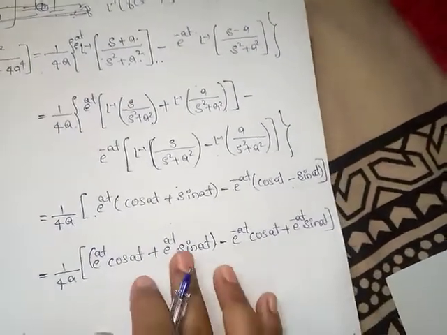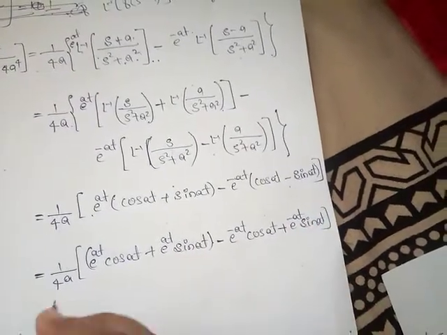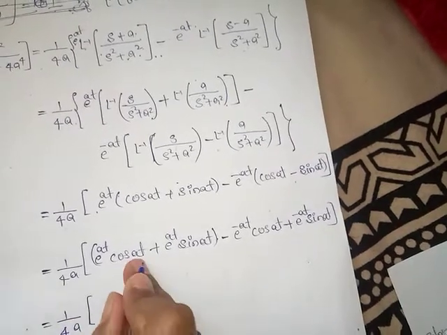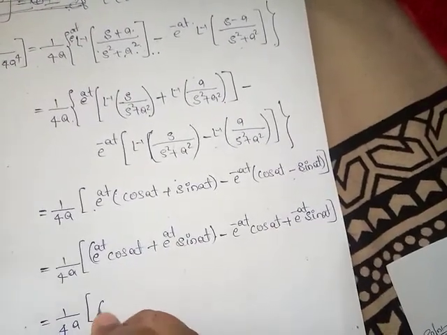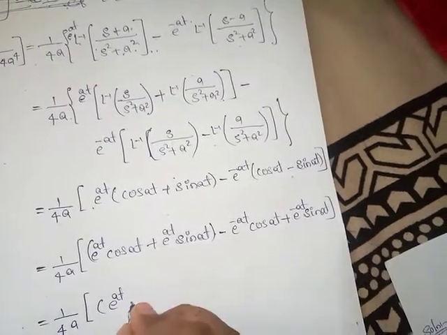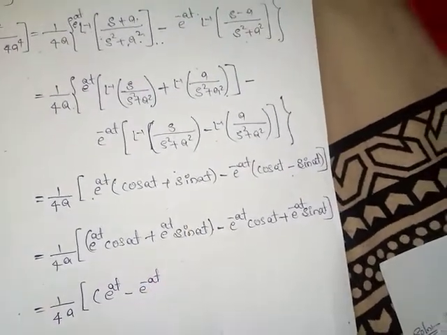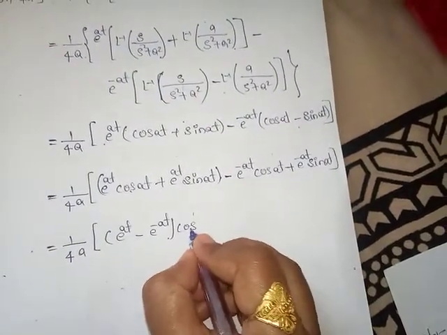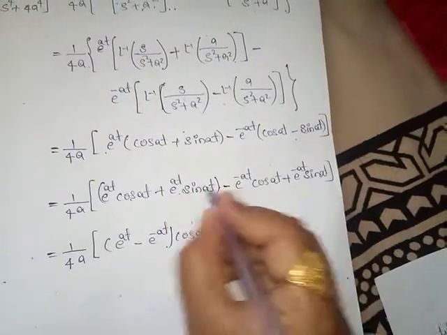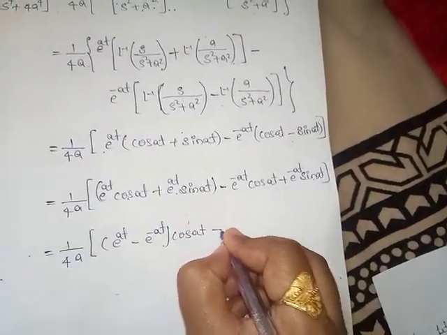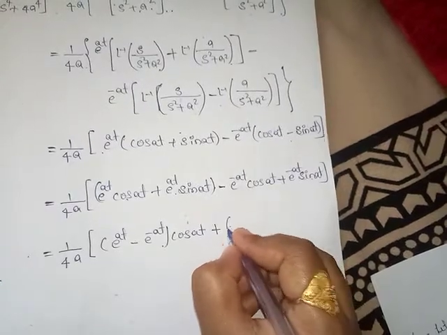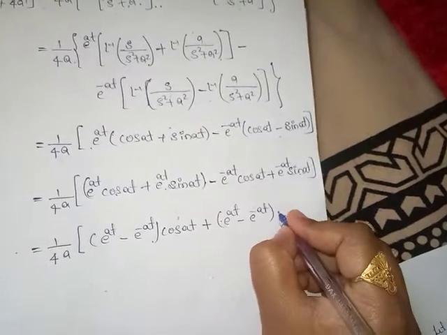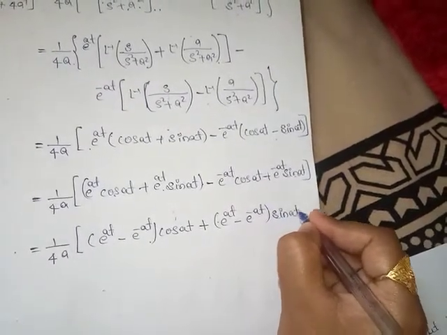See here, 1 divided by 4a I will take. For cos terms, e raised to at minus e raised to minus at, in these two terms cos at is common. Next, in these two terms sin at is common. Here I have positive sign, e raised to at minus e raised to minus at into sin at.